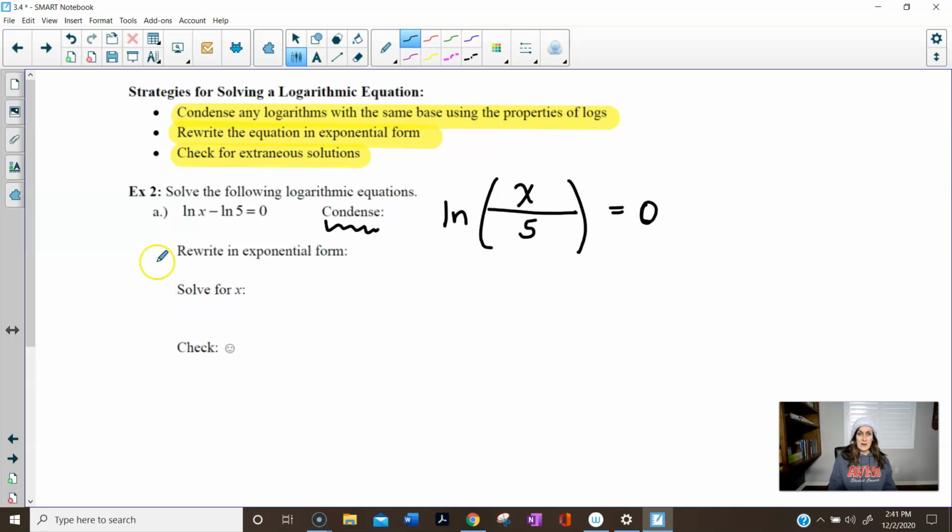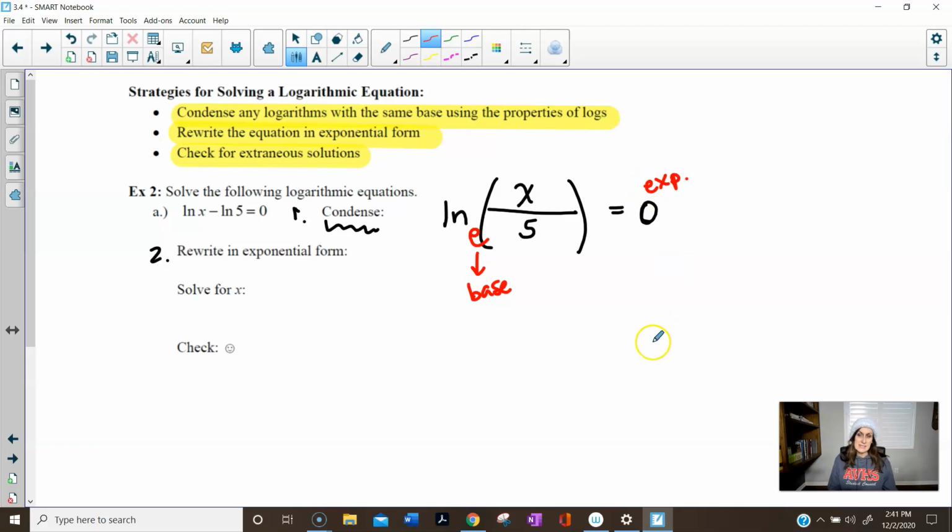Now from there, the second step, so the first step was to condense, the second step is we're going to rewrite it in exponential form. So again, if it's ln, we know that the base is e. Let's recall that ln is a logarithm, so it's always equal to the exponent.